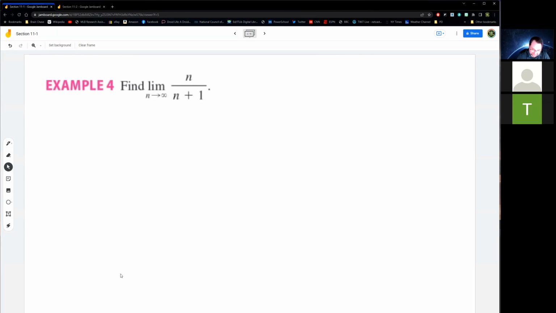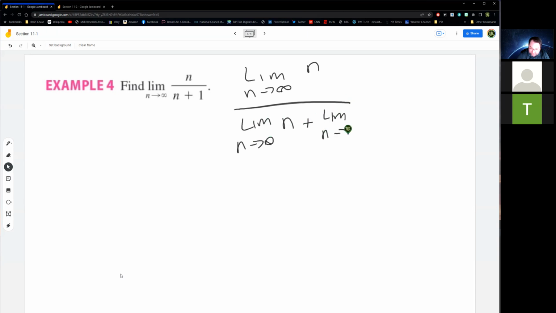All right, let's look at it this way. If I took the limit as n goes to infinity of n, because remember, I can split this all up, so I can find the limit as n goes to infinity of n plus the limit as n goes to infinity of 1. What's n going to do as I go to infinity?